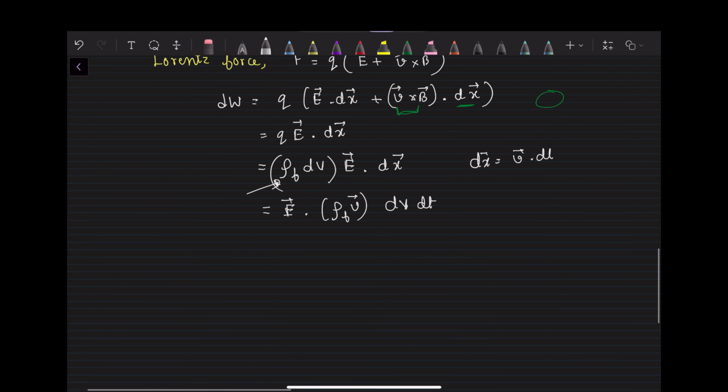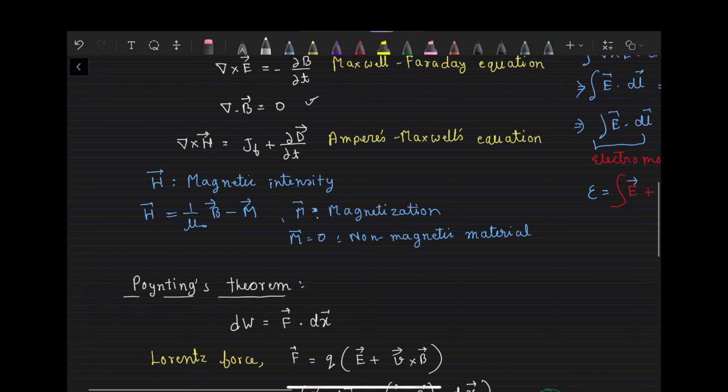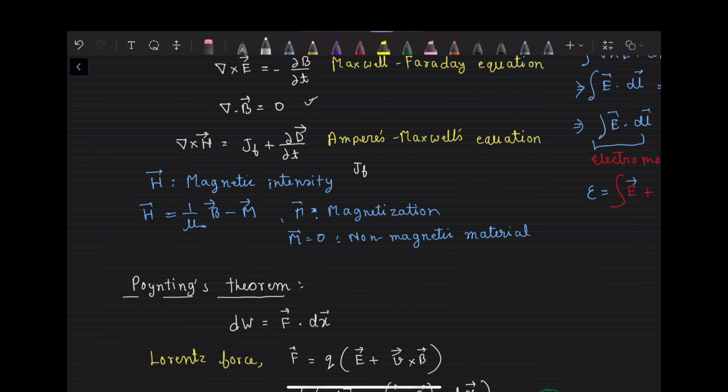So basically what we get from here, a free charge traveling with velocity v, will give you that J_f. Then we have the dv and dt terms. So where did we see J_f? Oh, I forgot to mention that part: J_f in Ampere-Maxwell's equation, that is the free current density.